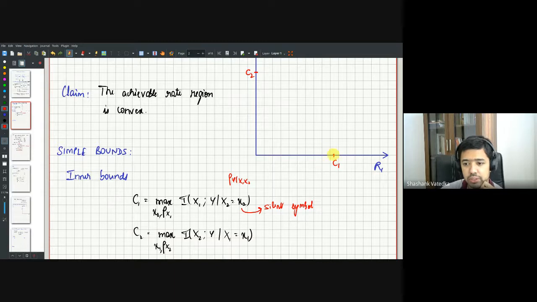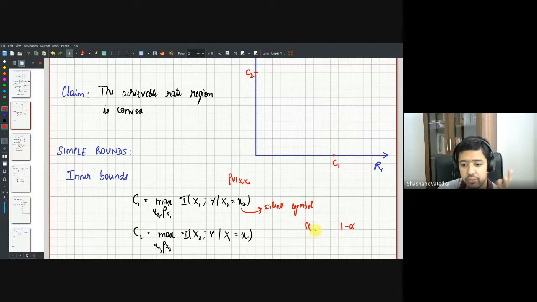Right? So you know that this is achievable and this is achievable. So obviously, suppose user 1 was active for alpha fraction of the time and user 2 was active for 1 minus alpha fraction of the time.